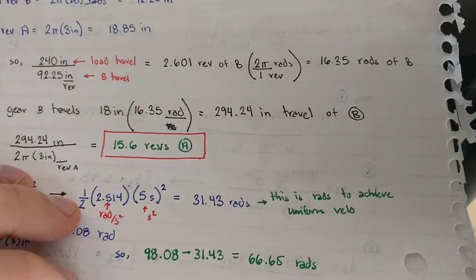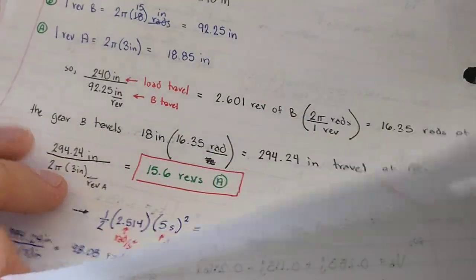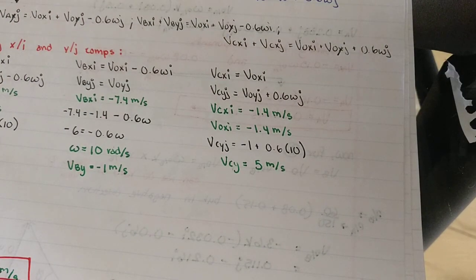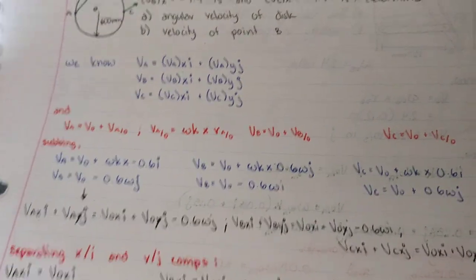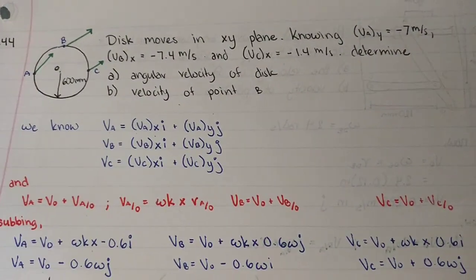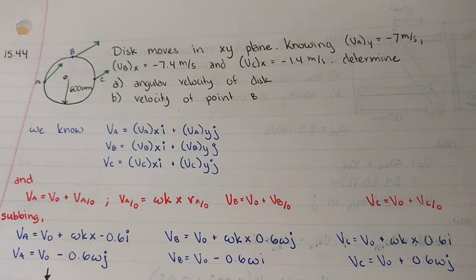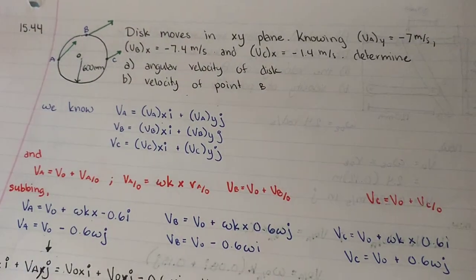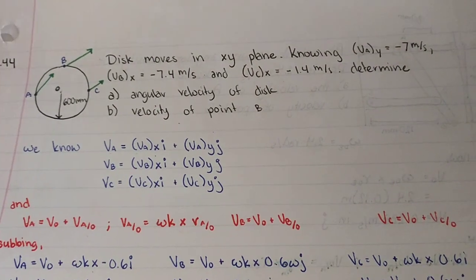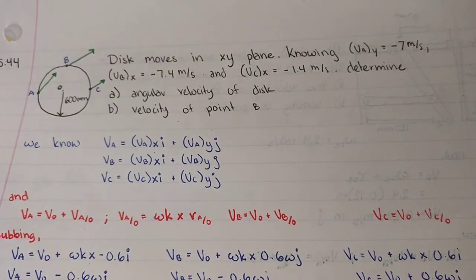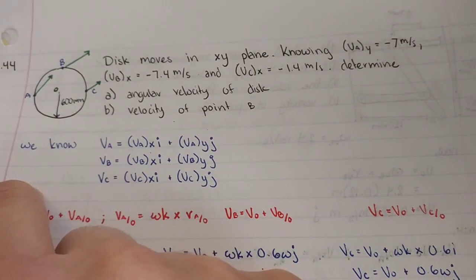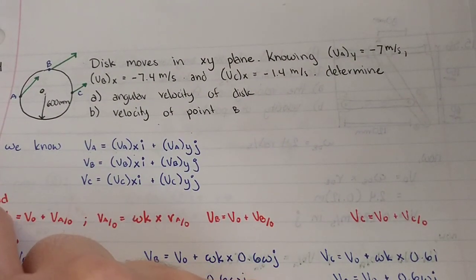Okay, so now we can move on to the next problem. This is our next problem, 15.4. We have a disk that moves in the XY plane. We know that the y component of A's velocity is negative 7 meters per second.